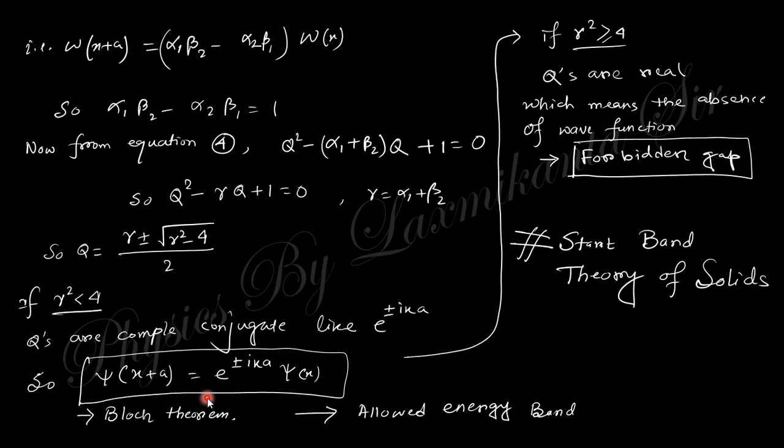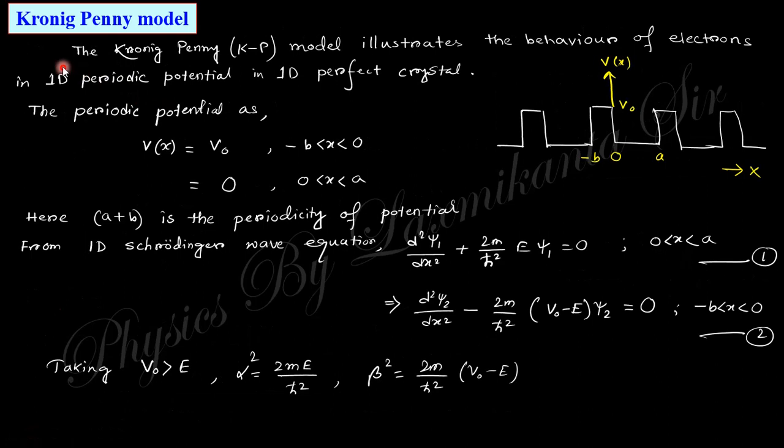So this is the starting point of the band theory of solids, because here you get the bands concept, that is, some allowed states and some forbidden states. After that, the important model is the Kronig Penney model, which is used to understand the lattice structure of a material.